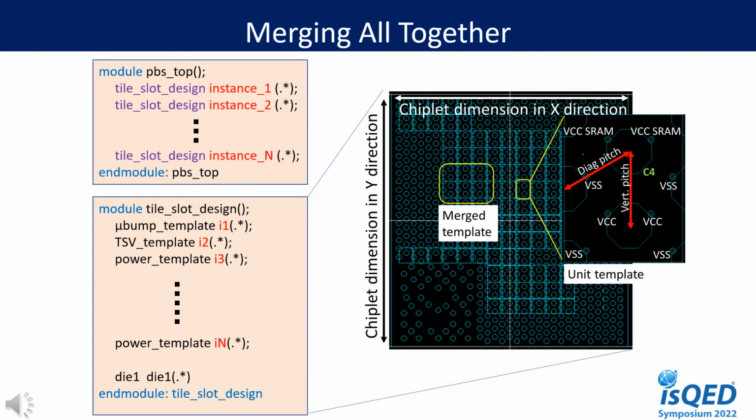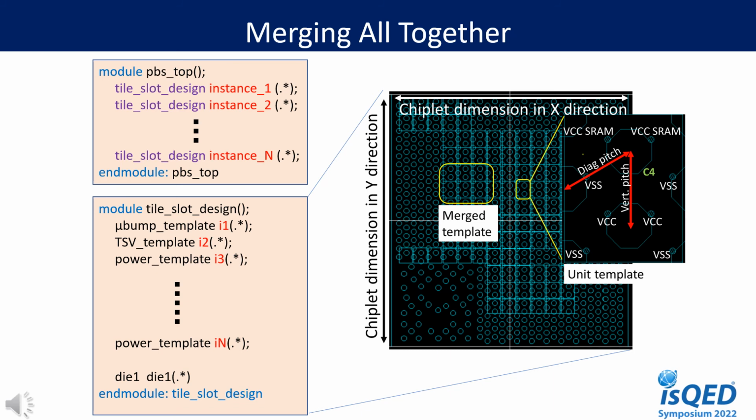We ensure that the tile slot is self-sufficient such that once placed all over the PBS interposer, we just need an inter-die channel routing on the interposer with multiple metal layers. However, all of the power connections, signal connections, everything will be completed through active die to package die routing.